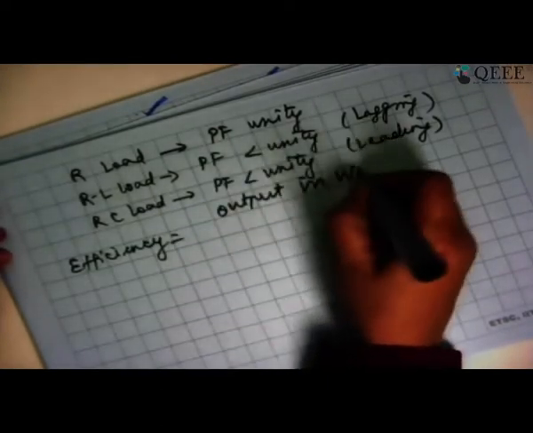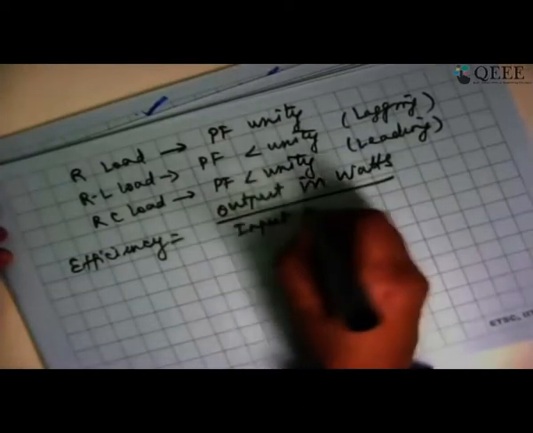So I can have any one of these types of loads, because of which I am definitely going to have the efficiency somewhat changing, because the efficiency is always calculated in terms of output in watts divided by input in watts.